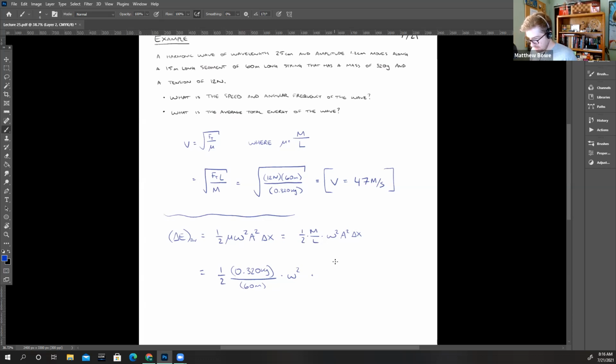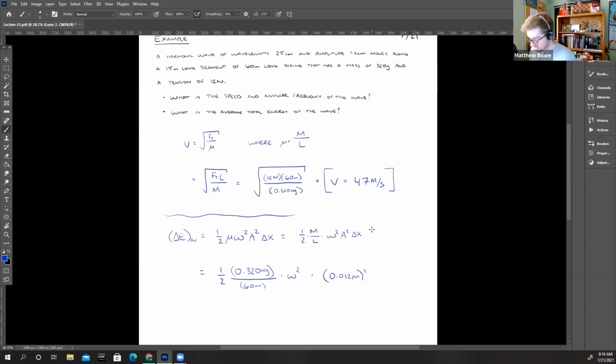That amplitude is given as 1.2 centimeters, wanting everything in SI units, so 0.012 meters squared.